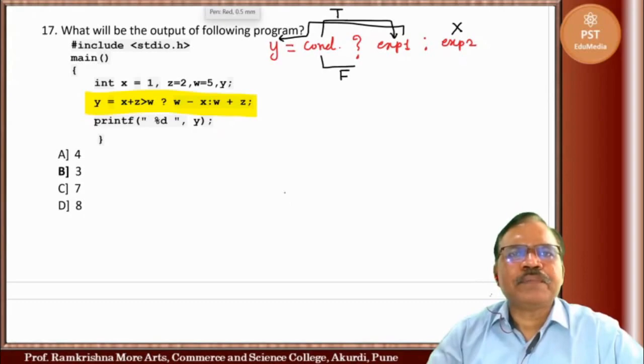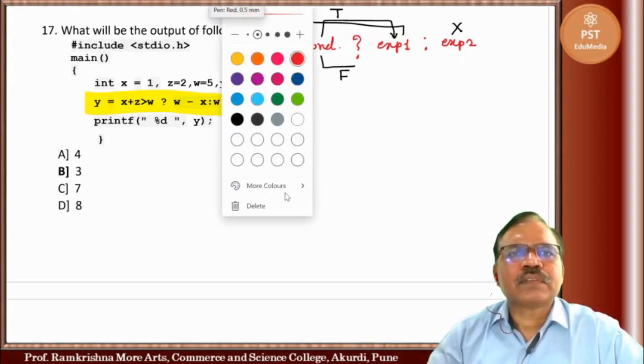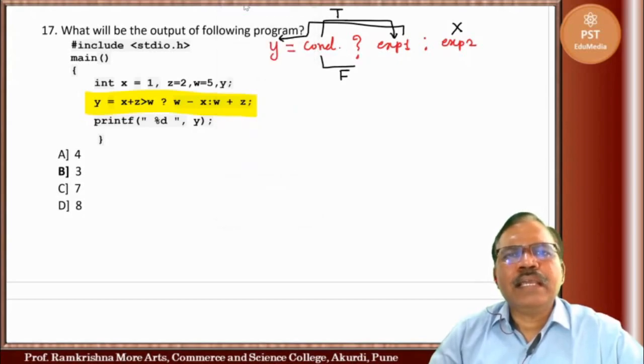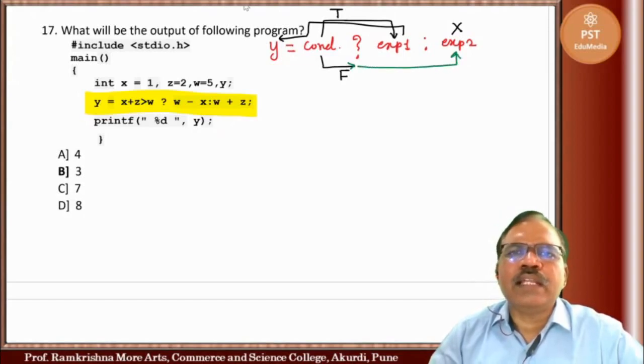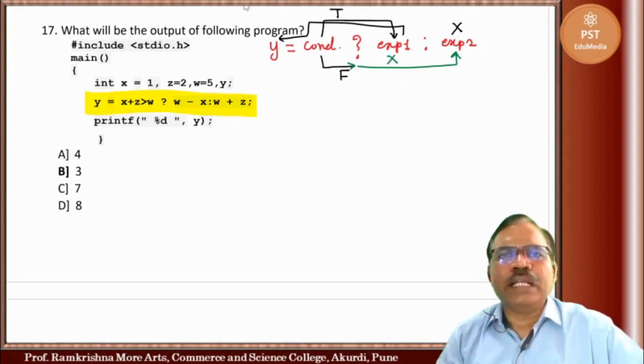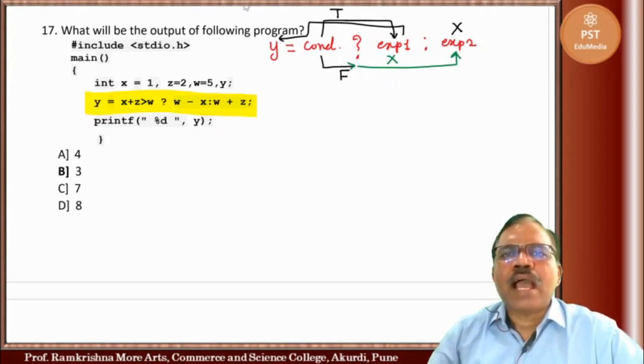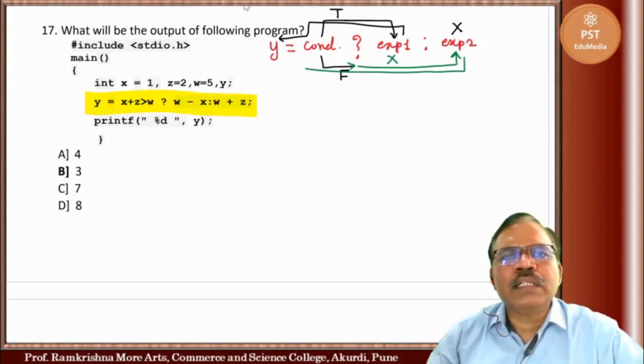But if condition is false, then what happens? Expression 2 is evaluated and expression 1 is ignored, and whatever value of expression 2, it is assigned to y.